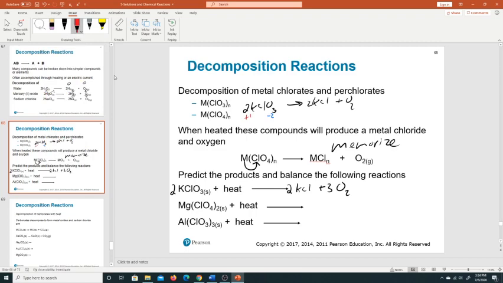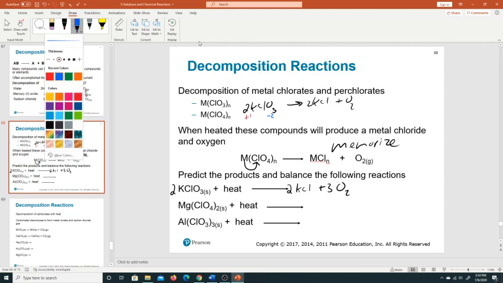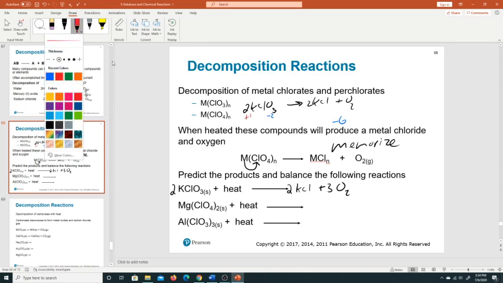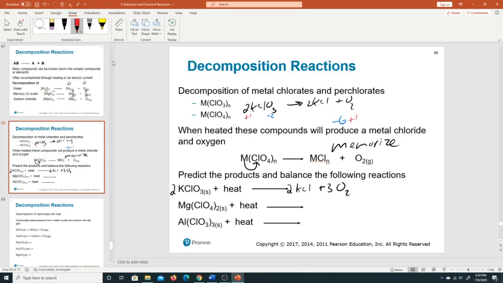Now what about this chlorine? To figure out the chlorine, we know there are 3 oxygens, so 3 times -2 is -6. You have 1 potassium, that is +1. So -6 plus 1 is equal to -5.